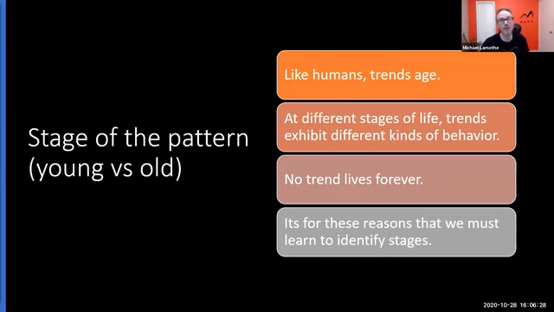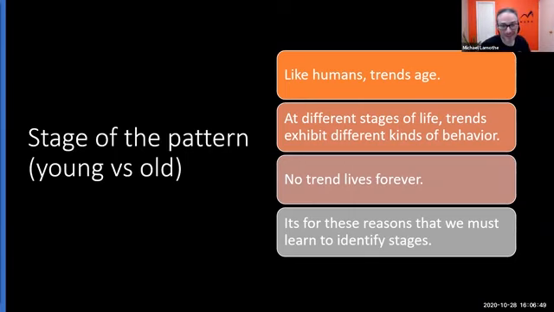Then, as the trend starts to mature, it starts to tighten up a bit. And then towards the end of its life cycle, you'll begin to see that it becomes a little erratic, a little wide and loose, a little squirrely. And you'll see some examples of that too.